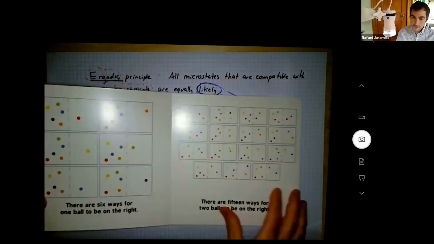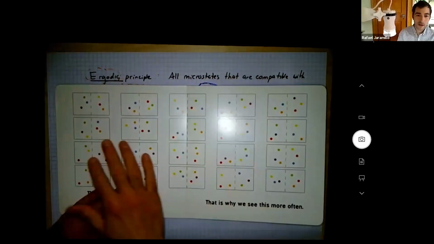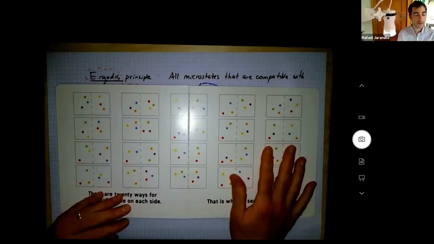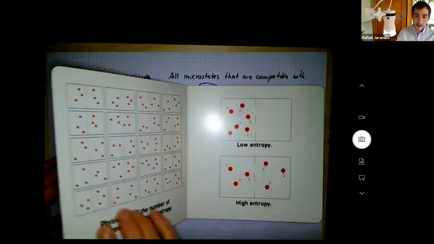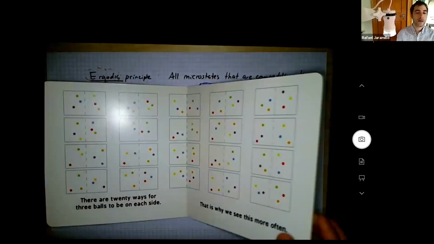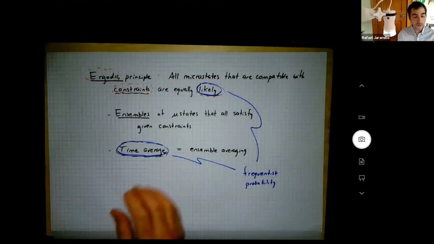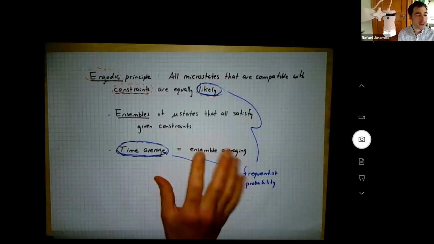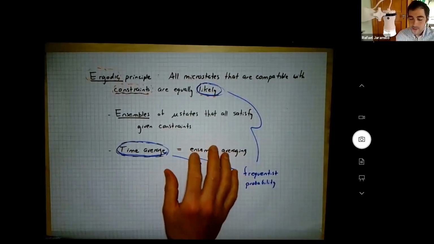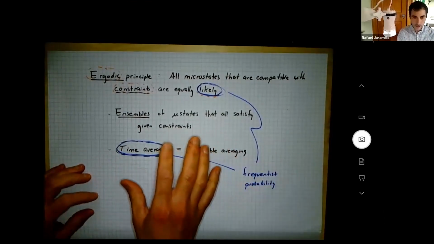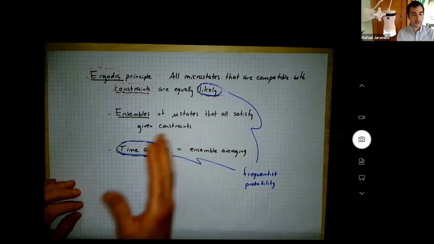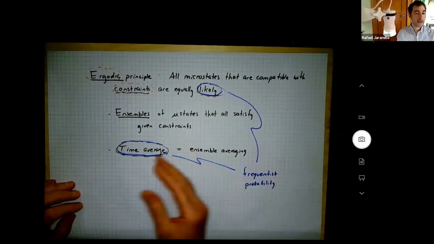It means that if you can write down the ensemble of all possible microstates that satisfy a given macrostate, and you average over that ensemble, the average you get for any observable quantity, be it pressure or temperature or magnetization or density or what have you, is the same as if you take a given system and evolve it forward in time and take a time average.